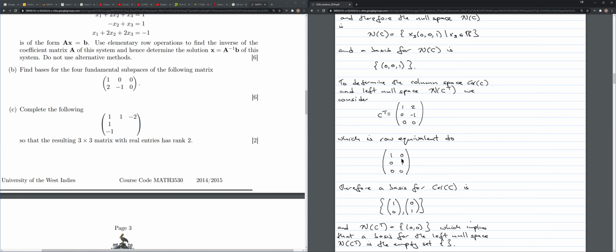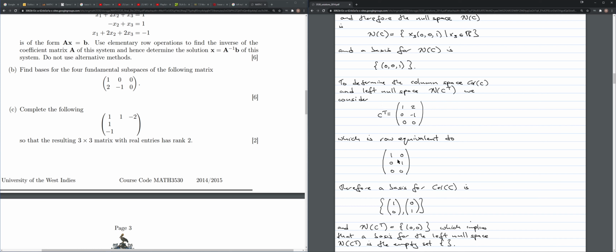Apply Gauss-Jordan to the transpose, and these two non-zero rows would be a basis for the row space of the transpose. To get a basis for the column space, you're going to take these row vectors and convert them into column vectors.